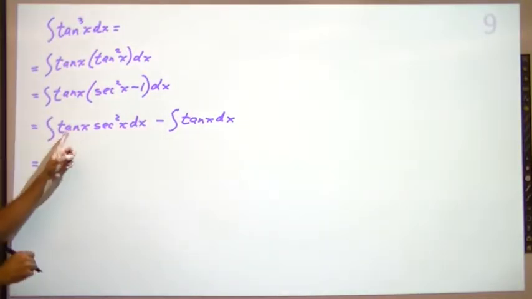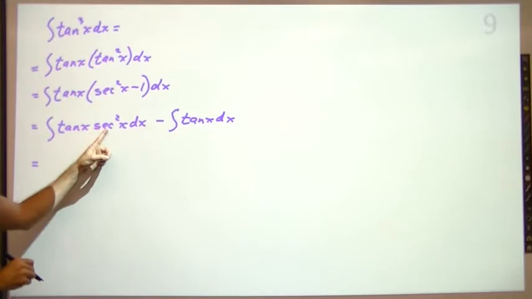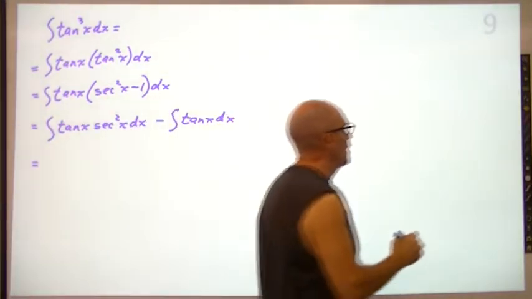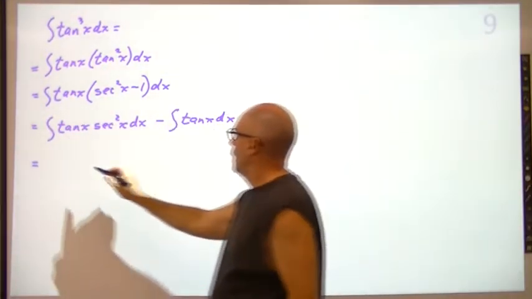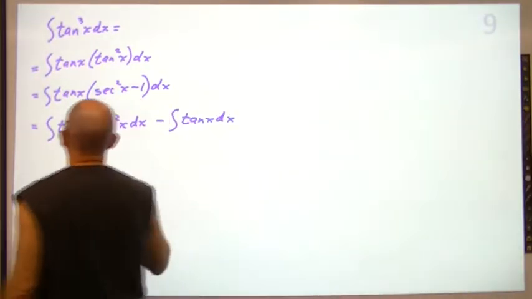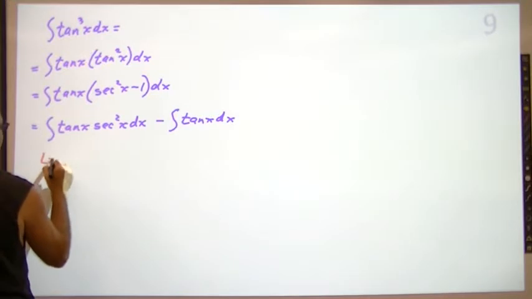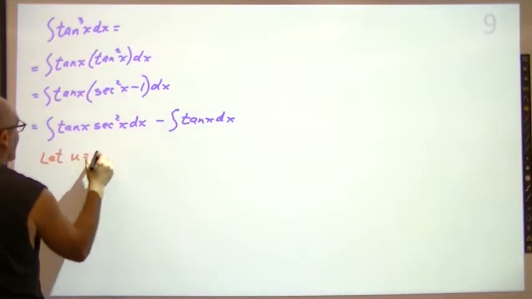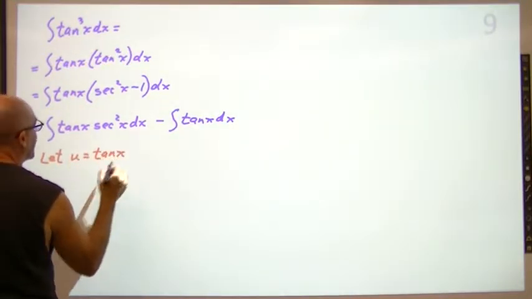Okay, notice, what's the derivative of tangent? It's secant squared. So we'll just do the step here. We're going to say let u equal tangent x.